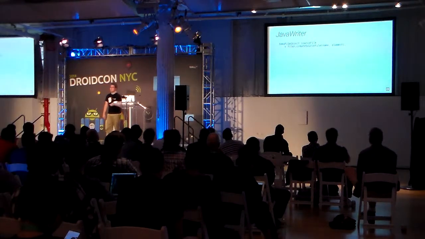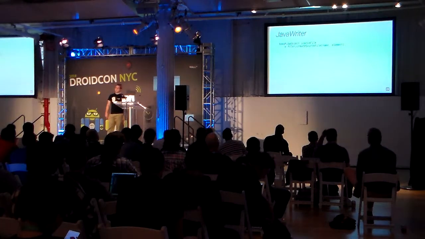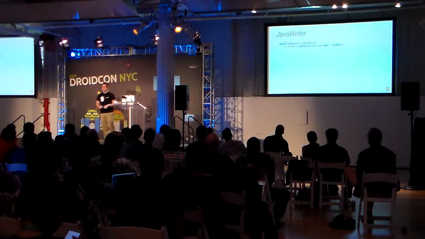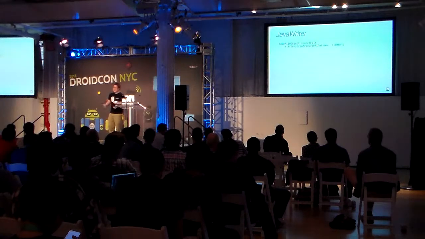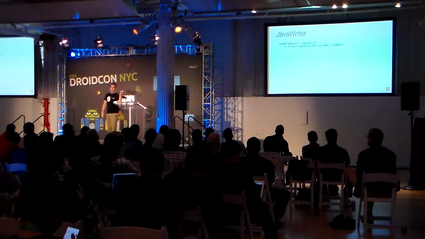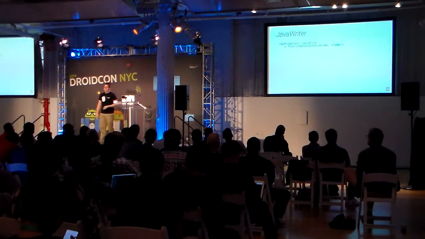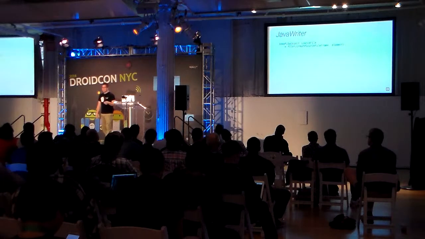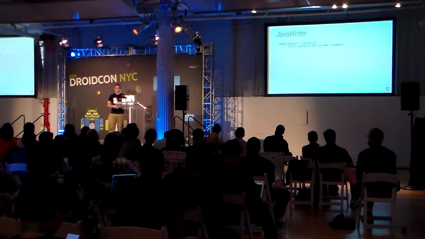We can pass in multiple elements. And these elements are the originating elements from which the source file is being generated. So in our example annotation, we would pass in the element of the example class. And this is so that Javac, rather, can do smart things like incremental compilation when source files change.